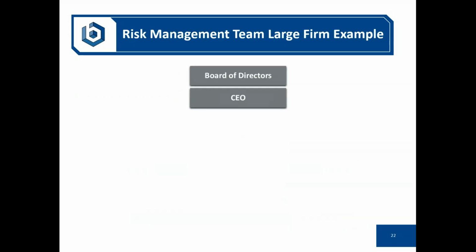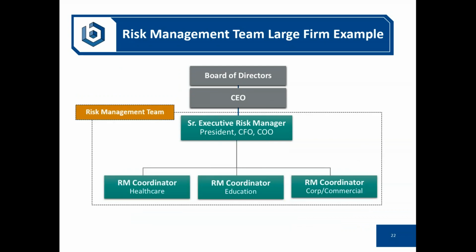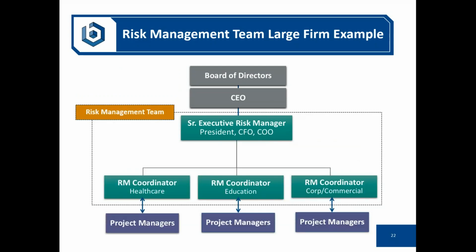As you get to be a larger firm and get more of a corporate structure, this is more like the firm that I spent most of my career with, and I was in the middle there as a senior executive risk manager, first as contracting officer and then as CFO. We set up a network of risk management coordinators in each of our major markets.